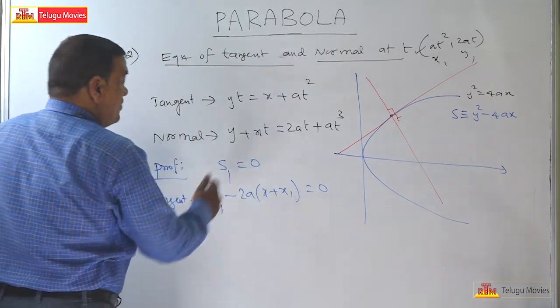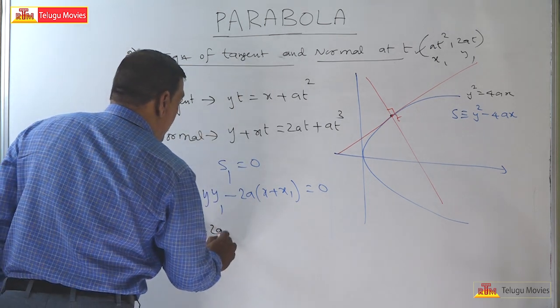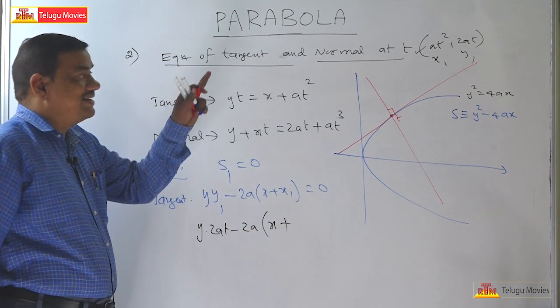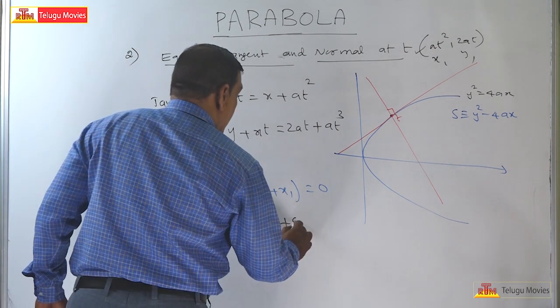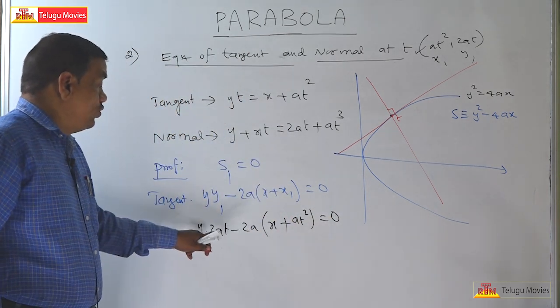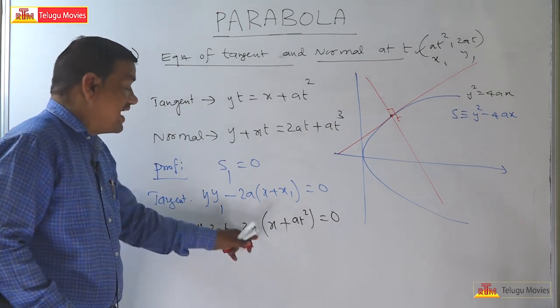So y into y1 means 2at y, minus 2a into x plus x1, which is at square, is equal to 0. Now simplify. Since a is not equal to 0, you can cancel 2a.